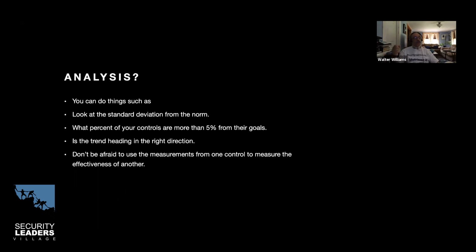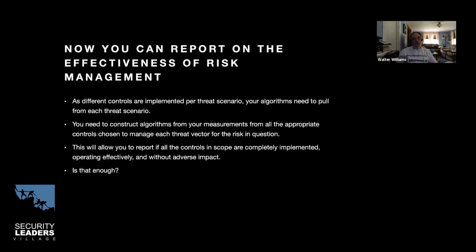You can use how often people get to unauthorized hosts in your URL filtering to measure how effective your DNS filtering is. So success in one control can be measured through the numbers from another control, and that's another kind of analysis you can and should do.